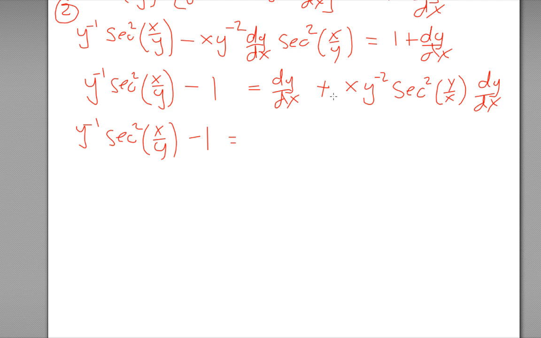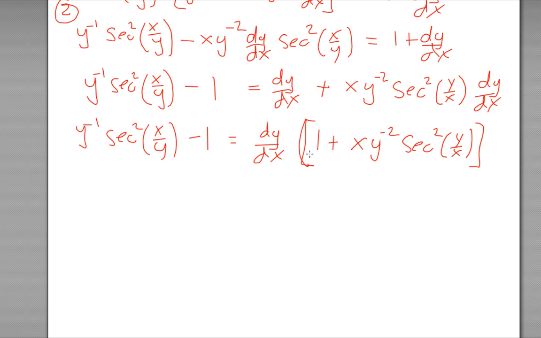And the right-hand side, we're going to factor out a dy by dx out of everything. So we have a dy by dx, 1 plus, when we factor out the dy by dx, what do we have here? x, y to the negative 2, secant squared y over x. Make those square brackets. And now we just divide both sides by this big thing on the right hand side. We're just isolating for dy by dx.